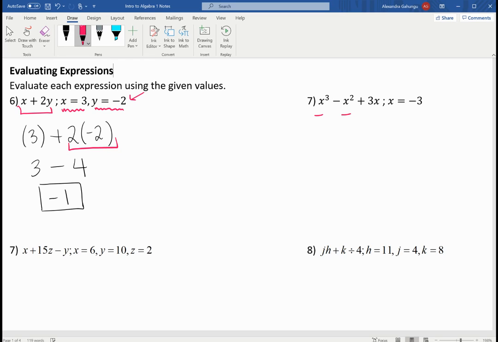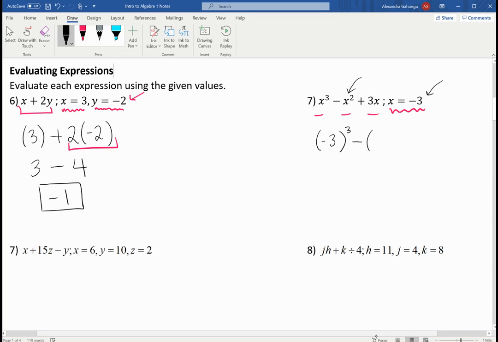Now, if I've got something like this one, where I've got x a couple of times, but they've given me the value of x is equal to -3, I'm going to plug in -3 wherever I see x. So I see x to the third. So that means x, which is now -3, to the third power, minus, and I notice that there's an x squared.